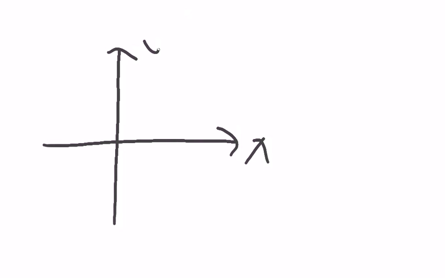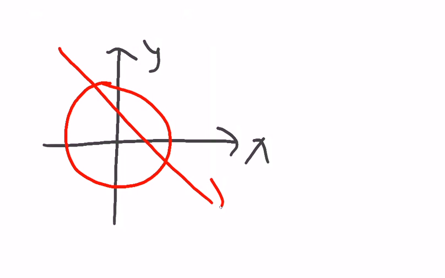For example, if I had a graph, and here is my system, so one of them's a circle and one's a line, notice that they intersect in two spots in this particular case.